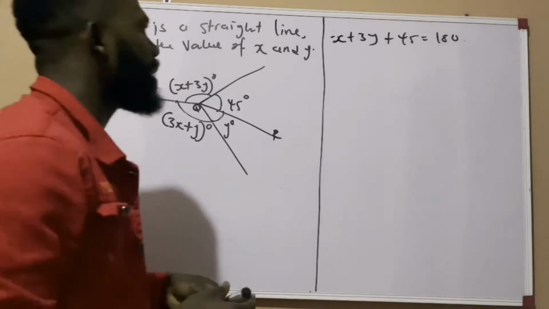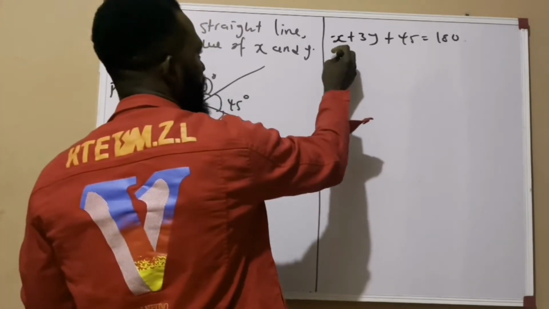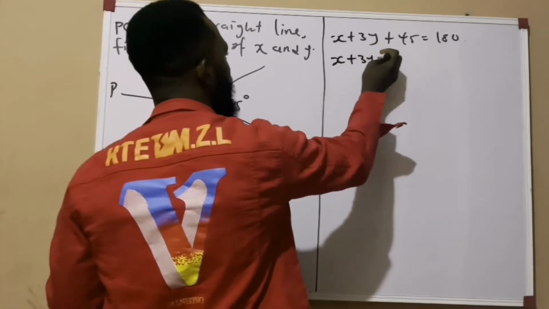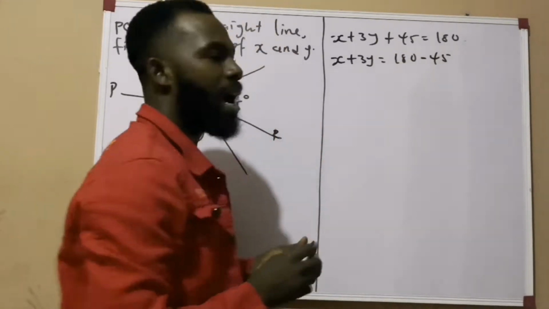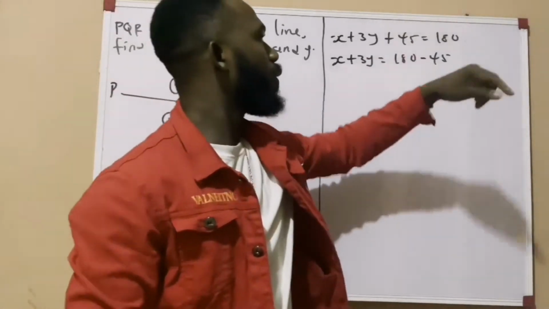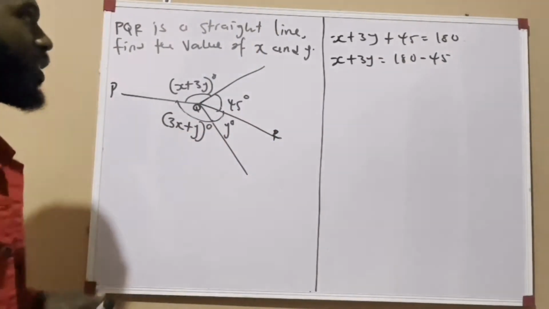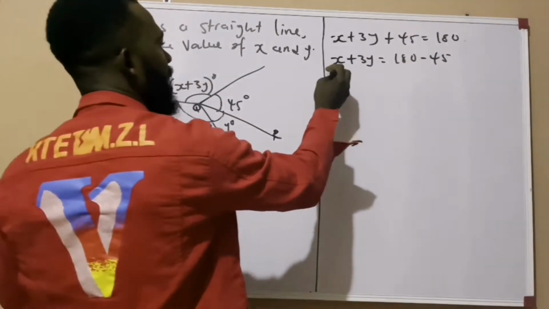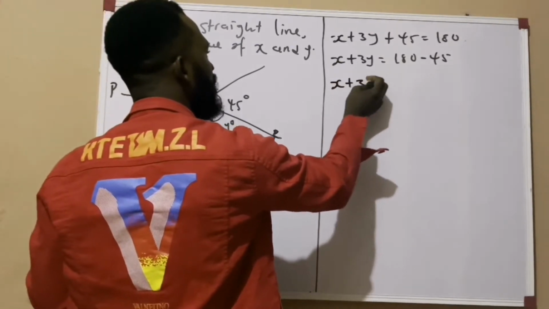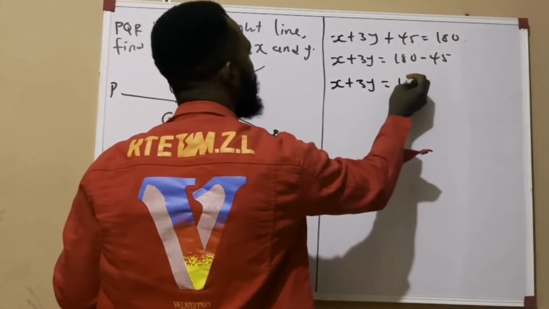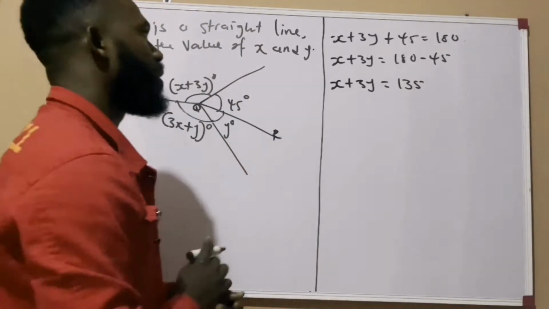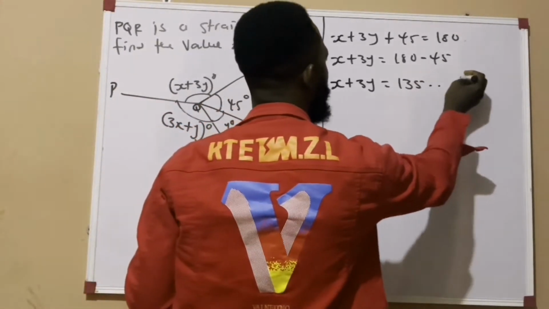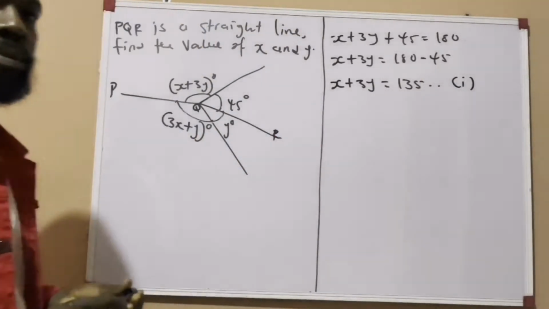Now if we collect like terms, x plus 3y is equal to 180 minus 45. And how did I get minus? When plus 45 crosses the equality sign, it becomes a negative sign. So x plus 3y is equal to 135, since 180 minus 45 is 135.